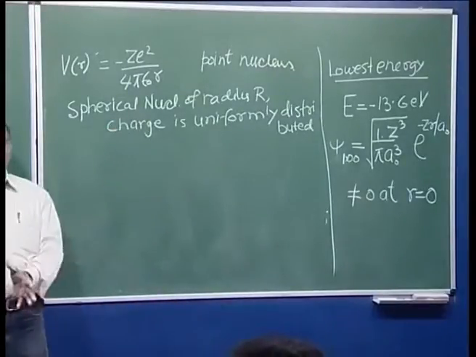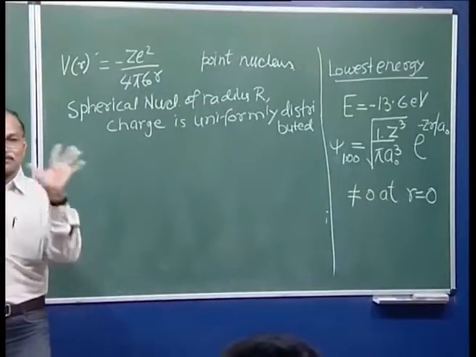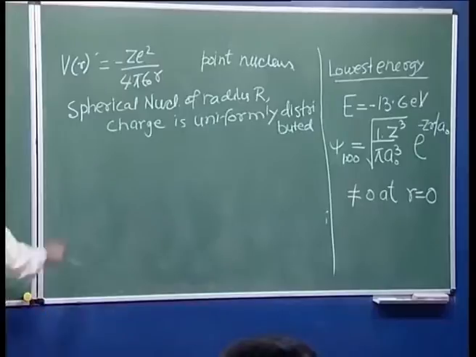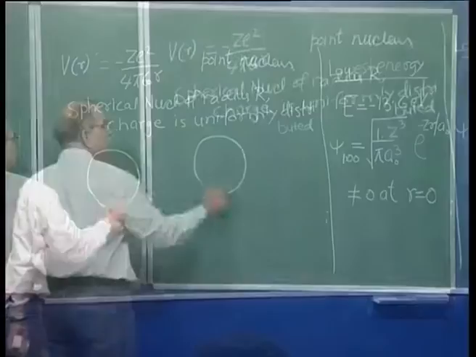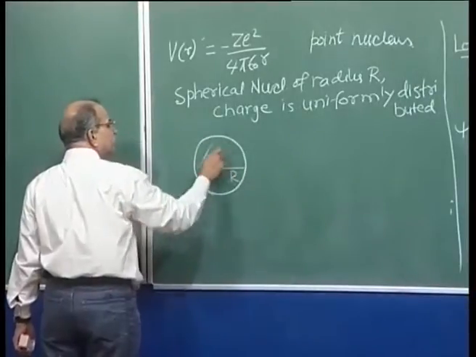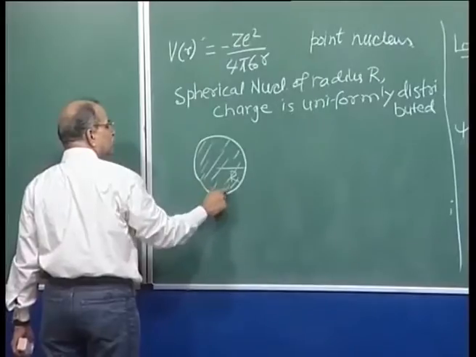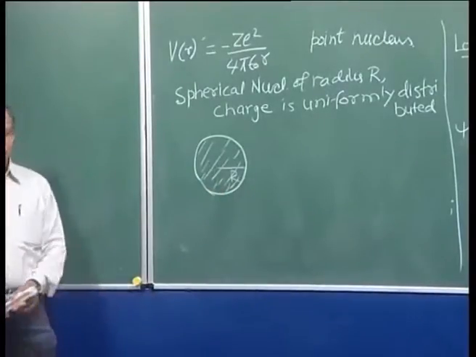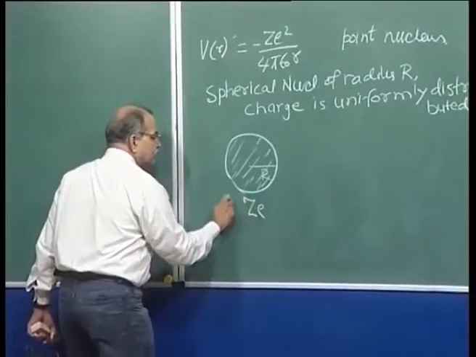The nucleus is a sphere and all the Ze charge is uniformly distributed. Then how do I get the potential energy? So, now I have a sphere of radius R and the positive nuclear charge is uniformly distributed here. Total charge is Ze.